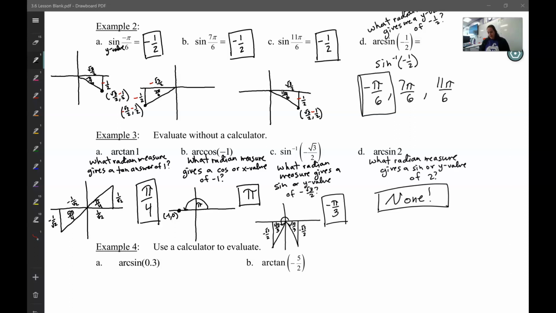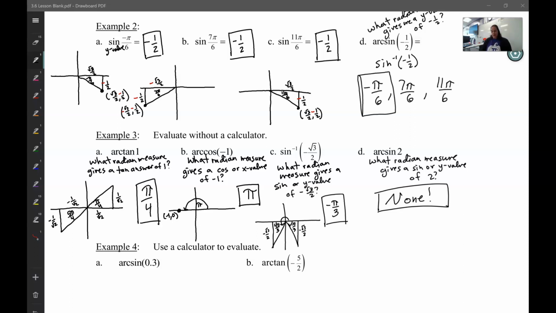Welcome back. This one you should have gotten -pi/3. There are two places that give you a y value of -√3/2. That's at 4 pi/3, or this is technically 5 pi/3. But remember, sine is restricted to -pi/2 to pi/2. So I'm going to want to change that 5 pi/3 to a -pi/3, so it's in that restriction.